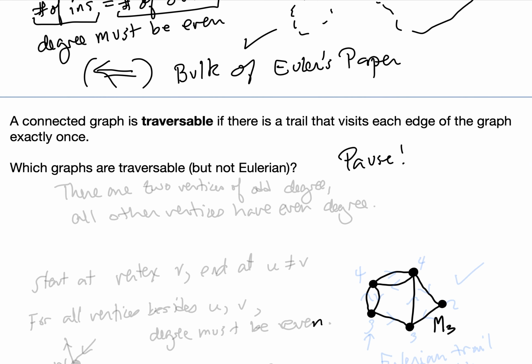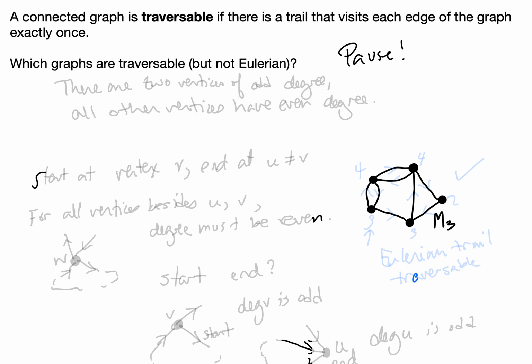Okay, so if the graph is traversable, that means that we start at a vertex V and end at U, which is not equal to V, and that we include every edge exactly once. So this is really similar to the previous problem. In fact, for all vertices besides U and V, the above criteria for being Eulerian must hold.